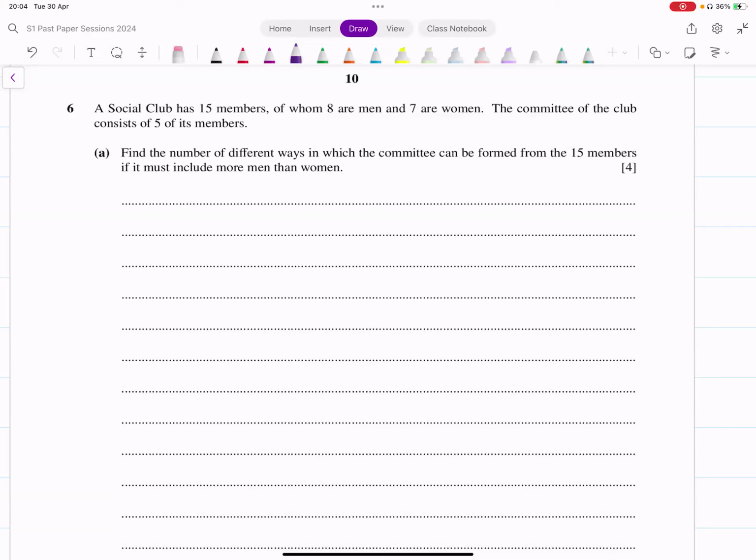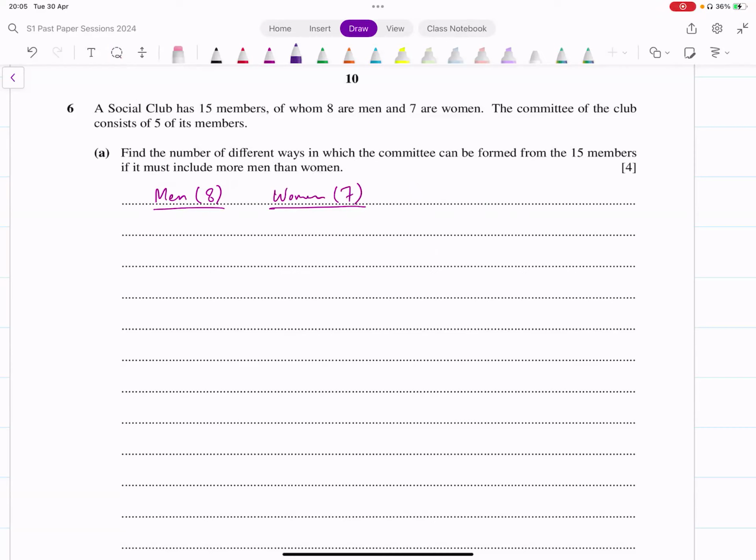How many members do you need to select for that committee? 5 members. How many men do you have in total? You have 8 men. And how many women? You have 7 women. Now the number of men has to be more than women here, and the total has to be 5.